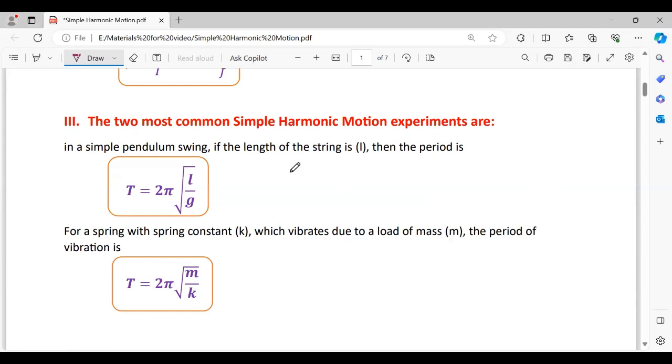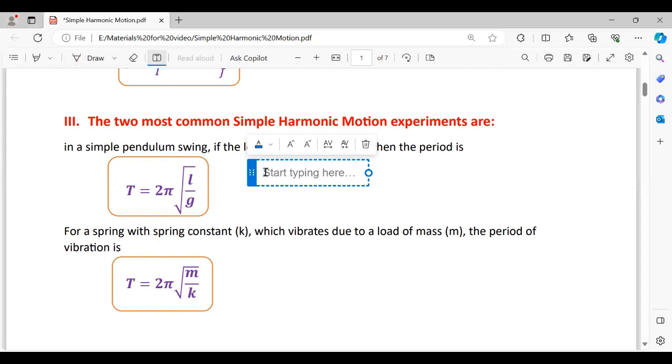In a simple pendulum swing, if the length of the string is L, then to calculate the period you could use this formula: T equals 2 pi times square root of L over g, where g is gravitational acceleration, and L is the length of the string.